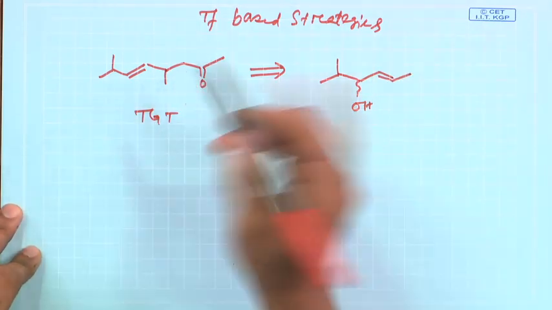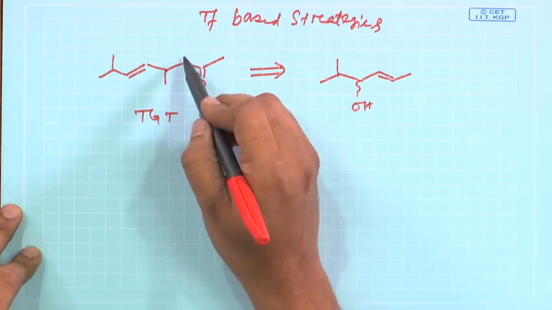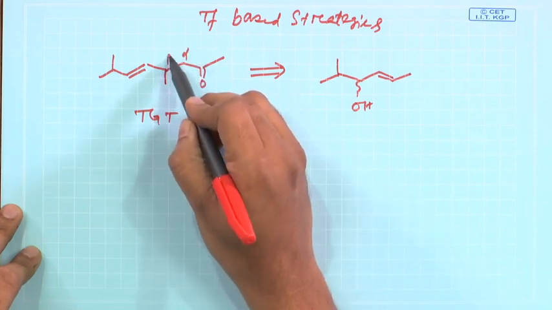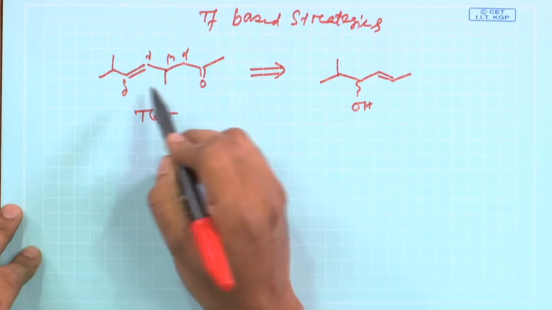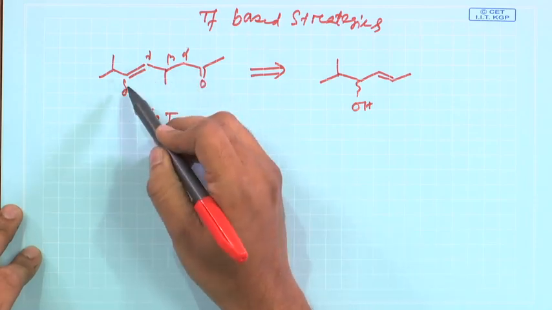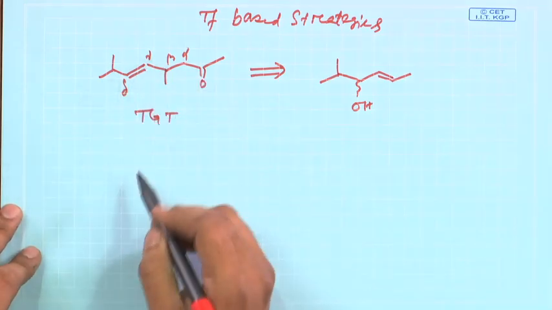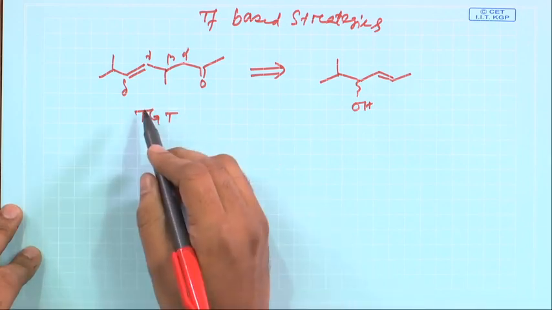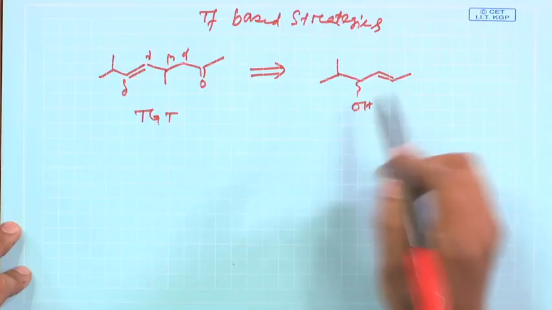If you go back to the earlier lecture notes, this is an alpha, beta, gamma, delta unsaturated compound. It is basically a gamma delta unsaturated compound. For a gamma delta unsaturated compound, you can straightaway think about doing a Johnson orthoester rearrangement. The starting material is an allylic alcohol.